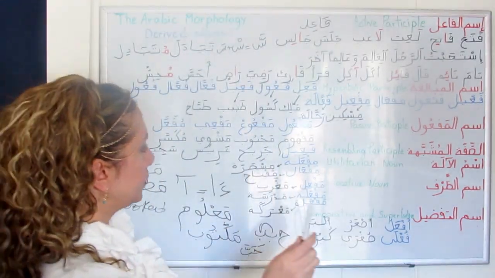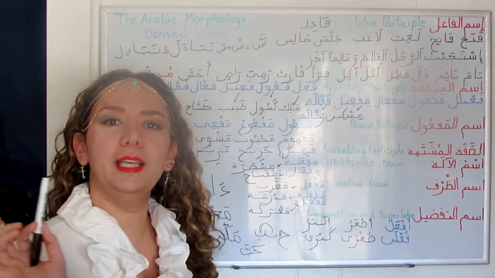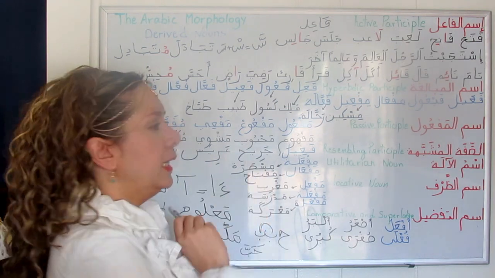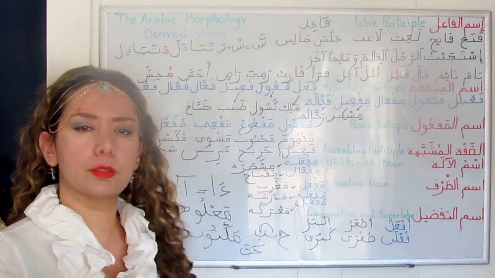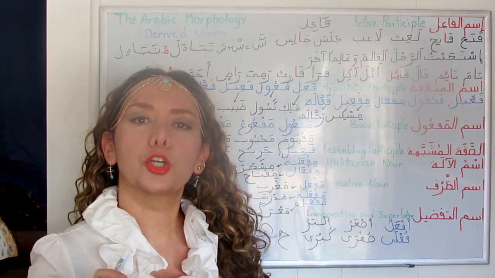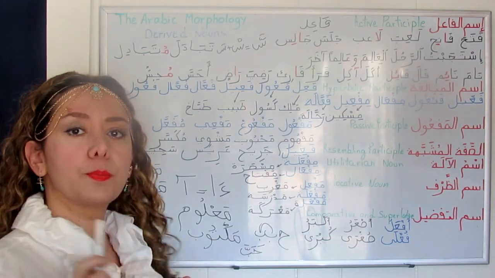We have this simple pattern, فعيل. جريح means hurt. عريس means groom. سجين means prisoner.